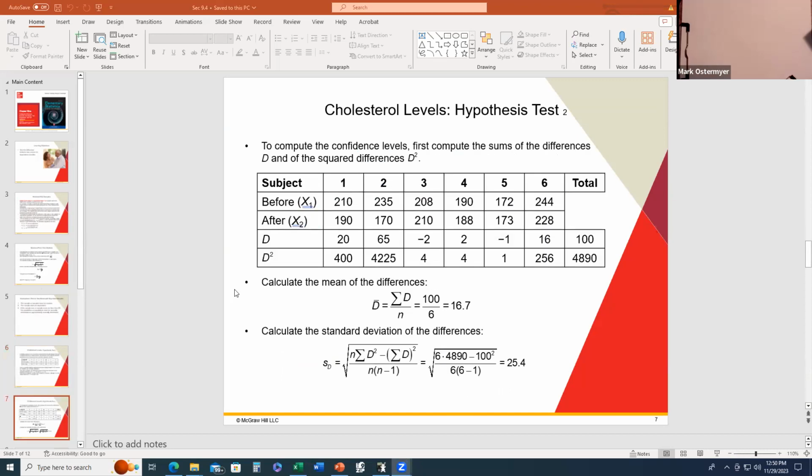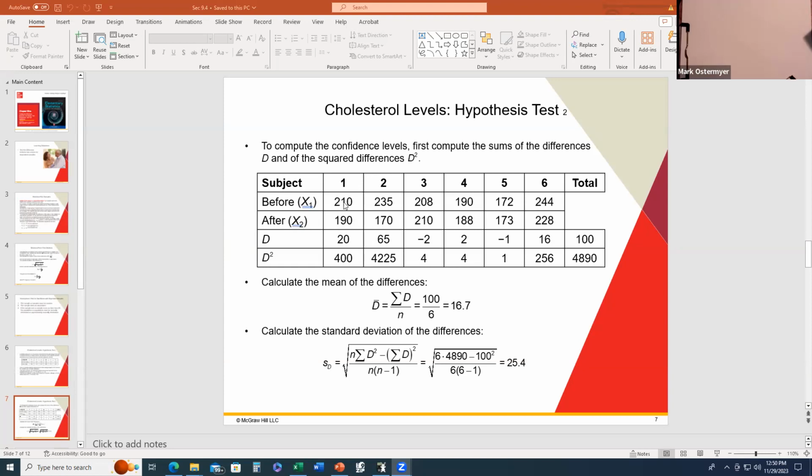To compute the test statistic manually, ladies and gentlemen, first of all, we have to compute the differences that exist between the matched paired samples. Notice they're doing the order of subtraction of x sub 1 minus x sub 2, which is the cholesterol levels before the drug is taken versus after the mineral supplement drug is taken.